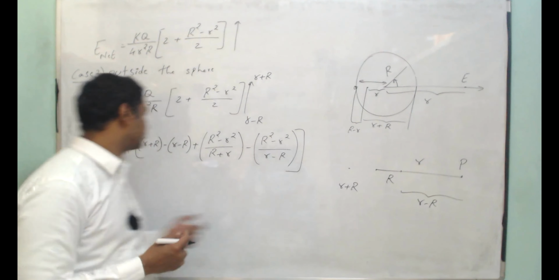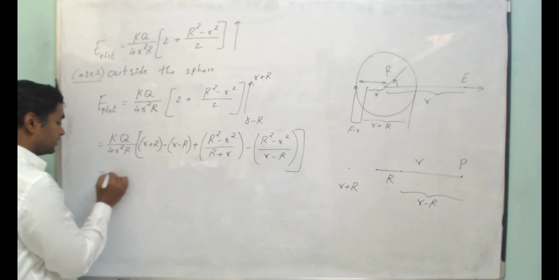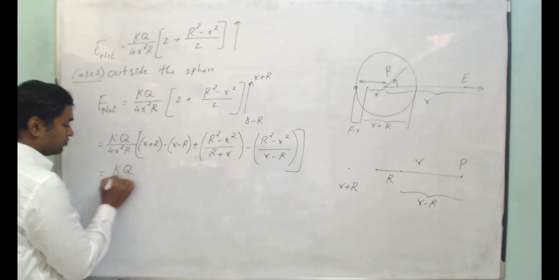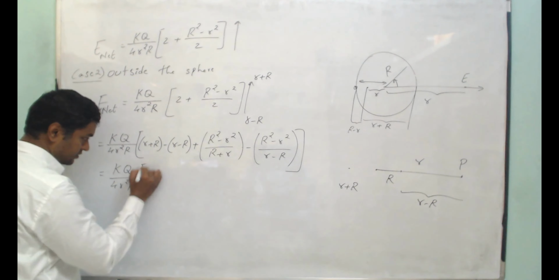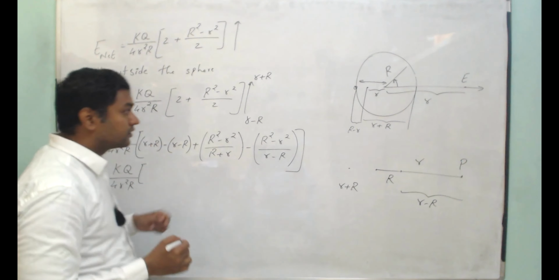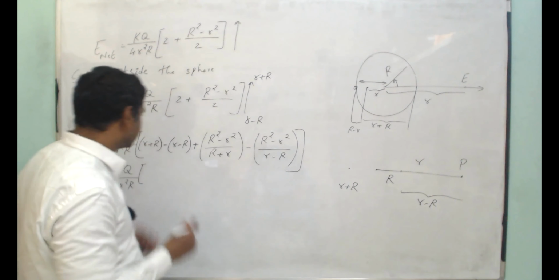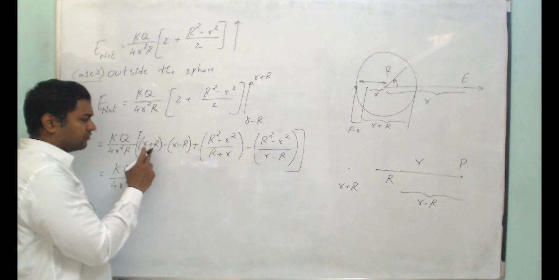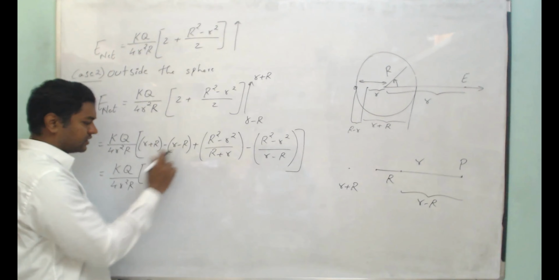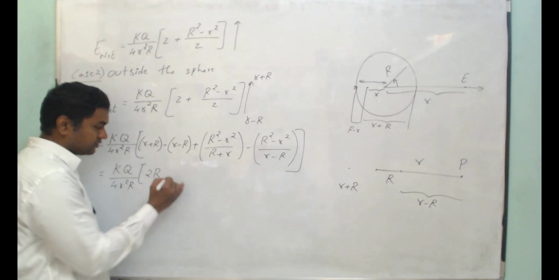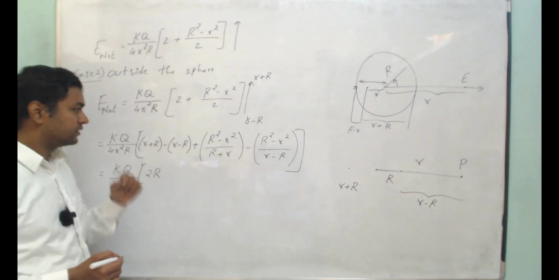Then it will be easier for me. Small r minus small r will cancel, so I'll have 2 capital R.